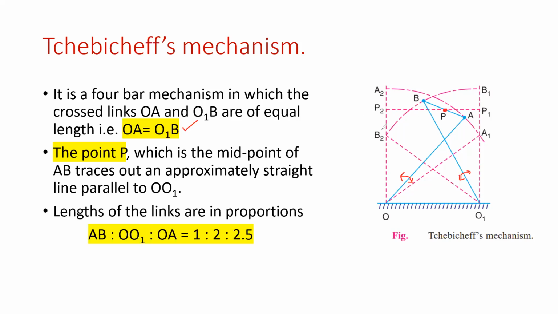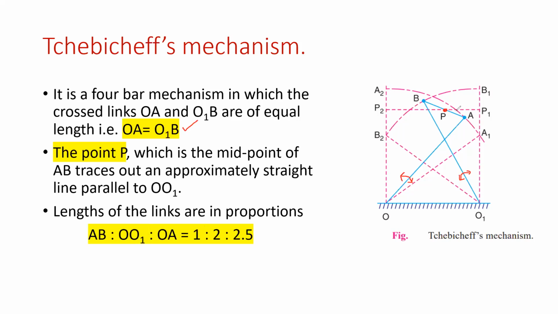Got it? Okay. So what relations do you need to maintain? First, links OA and O1B should be equal in length. Next, the point P is the midpoint, we know it. And you also need to maintain the ratio between the lengths of links AB, O1O and OA, 1 is to 2 is to 2.5.